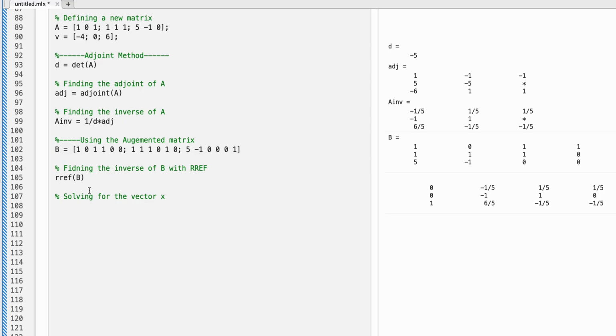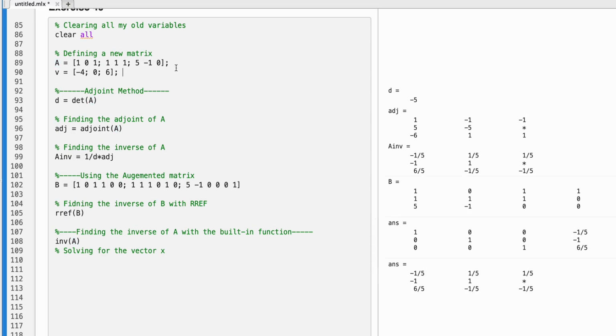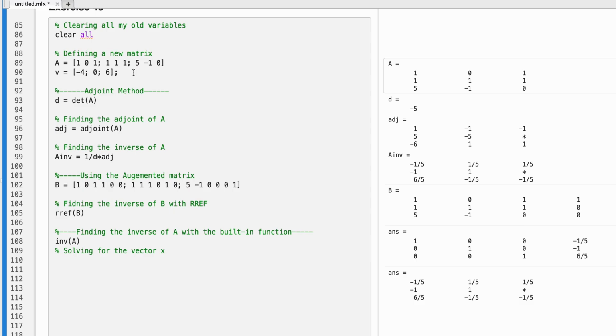And a third way, actually, is finding the inverse of A with the built-in function. This one would simply be inverse of A. And notice how we get this. Let's see how it defines this one real quick. This one's defined correctly.